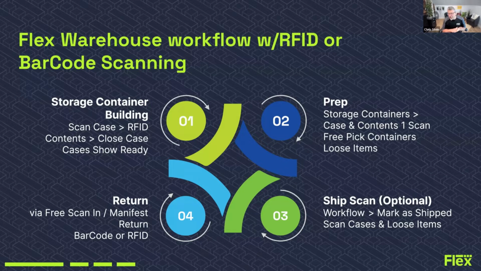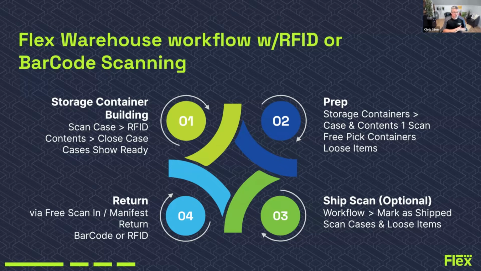What happens with RFID is a lot of times you will be taking a lot of your items that were non-serialized, maybe your cable, and turning them into serialized items, but you get the speed of the batch capture that will not make that return and prep process as lengthy as if they were barcoded. So we can return via free scan in or manifest with barcode or RFID.